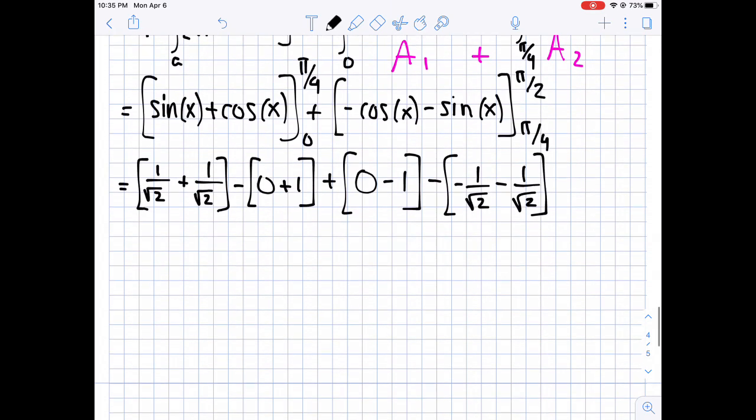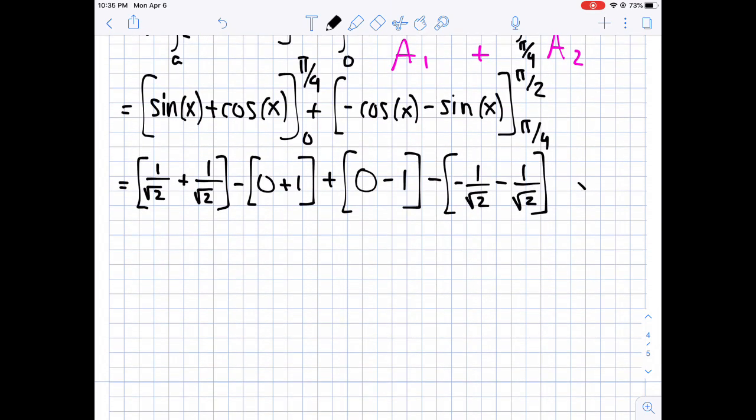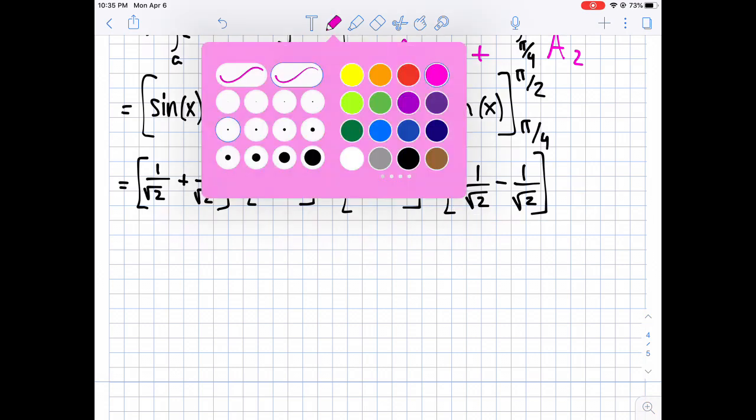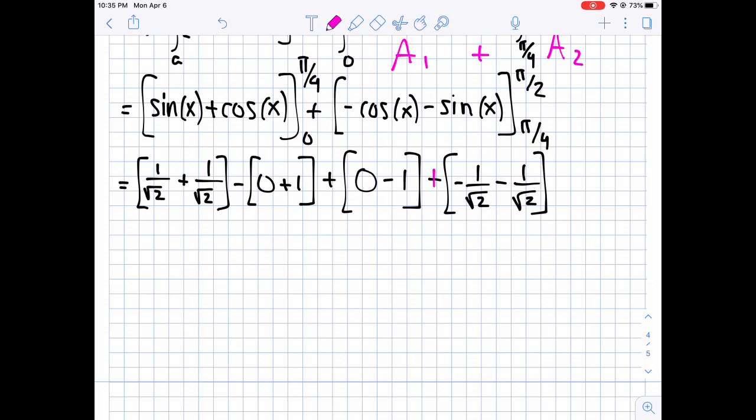Now we just want to bring all of this together. We do have a double negative on both of these terms, so let's fix those. These are all going to be positive. So what we end up with is 1 over root 2 multiplied by 4.